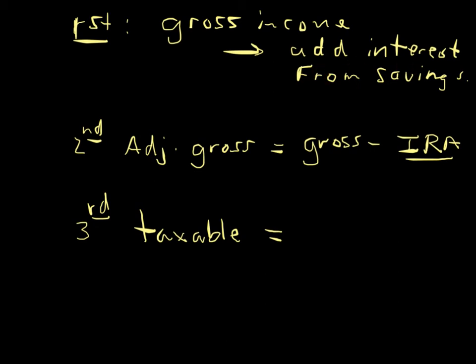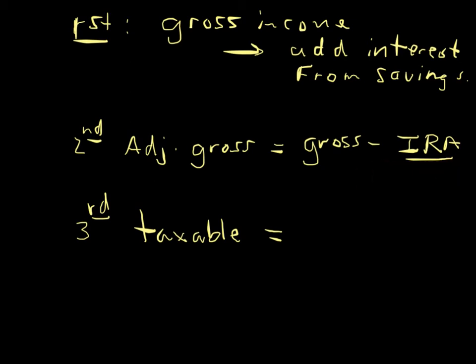So yes, it seems weird, but there's a certain cutoff where you earn a lot more interest off of your savings. That's income they consider as part of your income. This one here is something that's considered tax-free, so you can subtract off the money that you put into your retirement tax-free. If you understand that that's tax-free, you subtract it from the gross to get your adjusted gross.